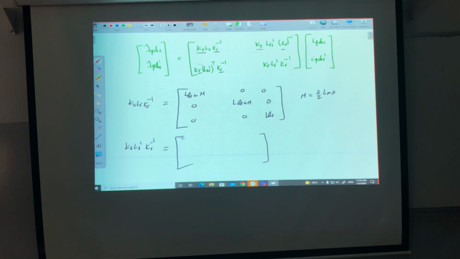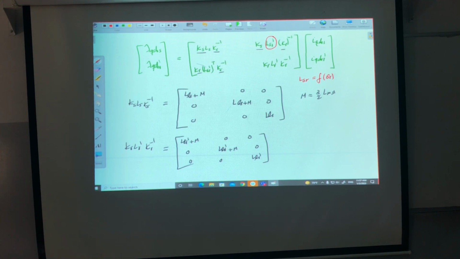So this will be LLR dash plus M, 0, 0, 0, LLR dash plus M, 0, 0, 0, and here LLR dash. The same thing. M is what? 3/2 LMS. Now, the problem was in where? In this term, correct? Do you remember? LSR was a function of theta r, which means that it's time varying.